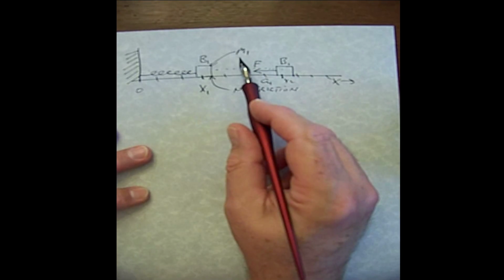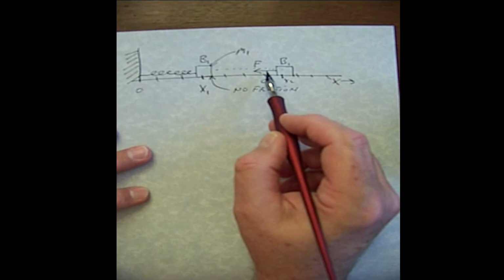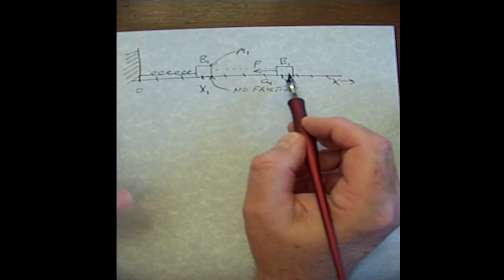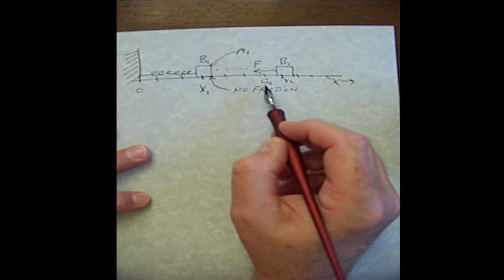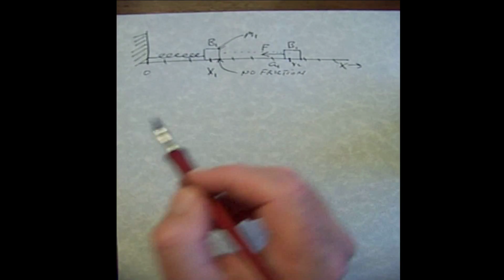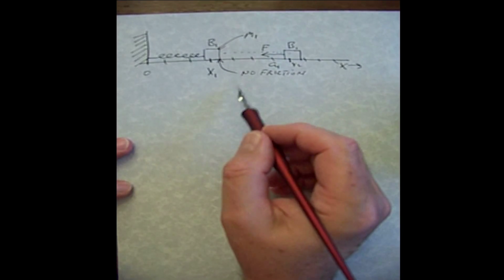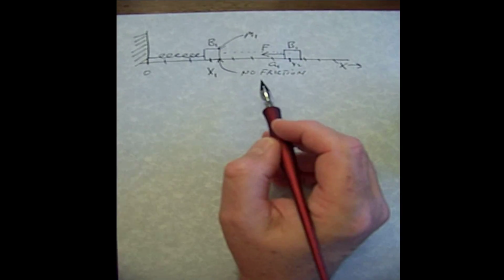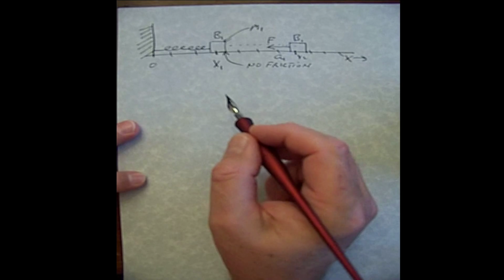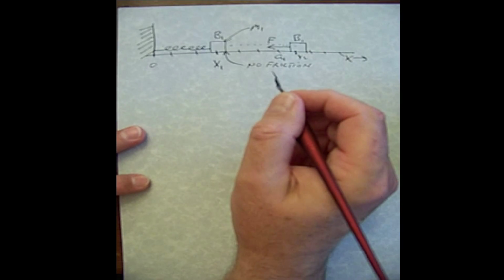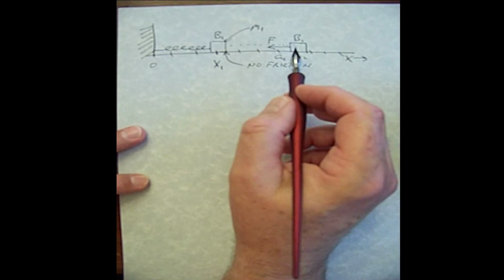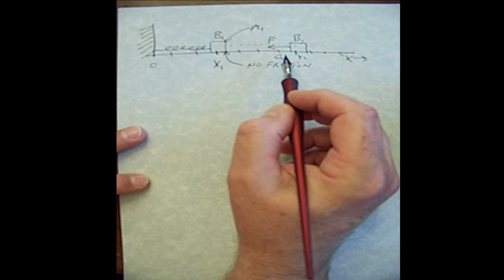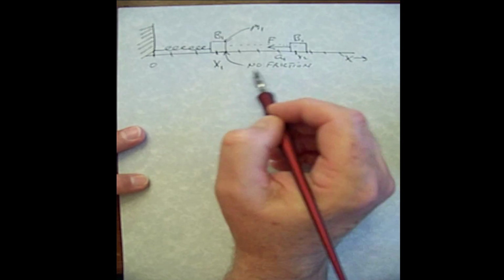So I have a body with a certain mass. I apply a force to it by stretching out the spring. I let it go, and it experiences a certain acceleration, A1. Now, a long time ago, people did a lot of experiments, and what they found out was that for a constant force, but a different mass, there's a relationship between acceleration and mass, as you would expect.